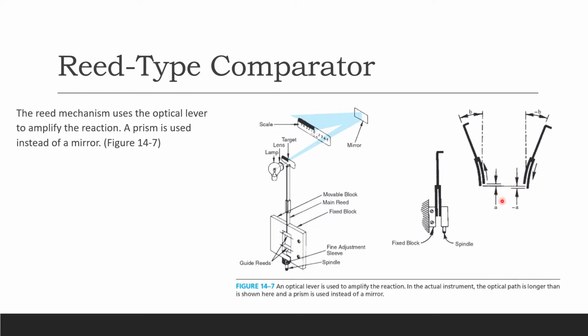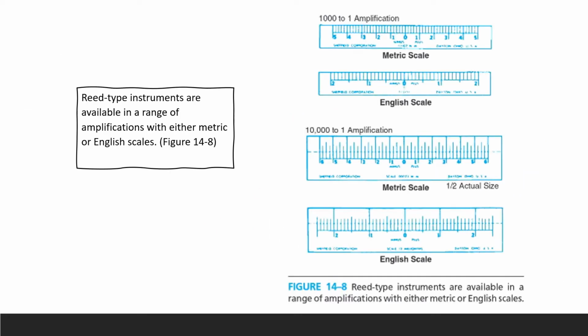Here a diagram is showing how these angles are going to amplify the scale. And then this is your fixed block, and this is your spindle right there. And again, if you just scan the picture and try to understand, oh, this looks like a reed and it's using the optics, and if you can get that, that's all right for this course.